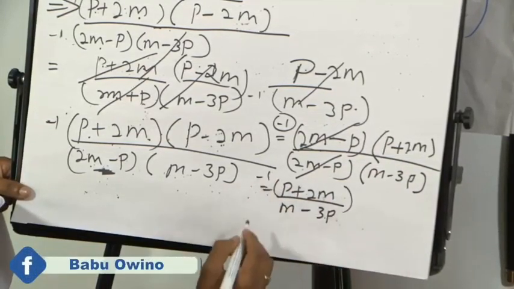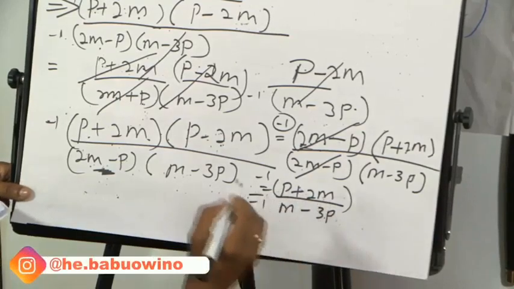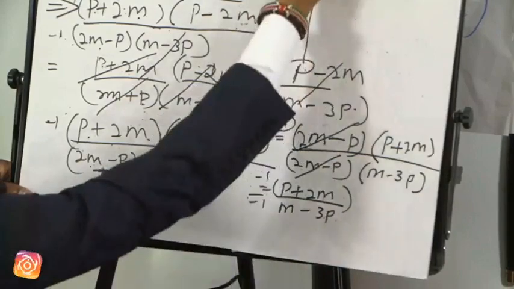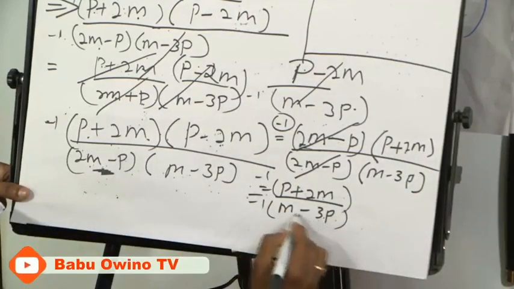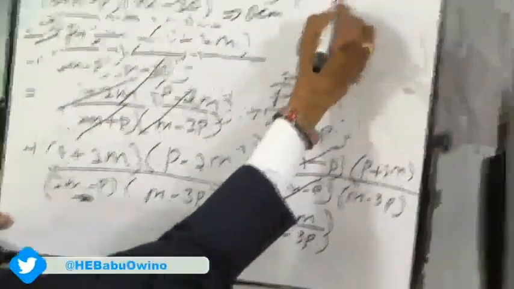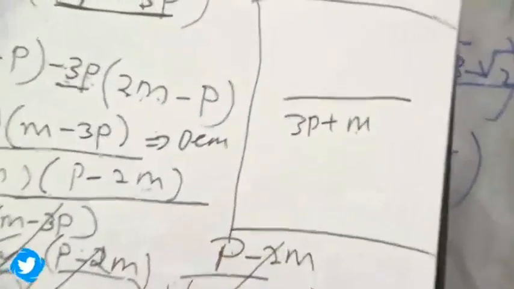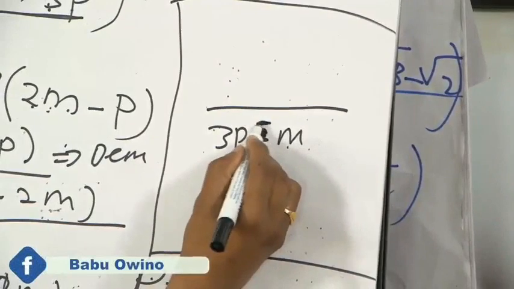If you have a negative here, we can divide this by negative. Just follow me here, we're almost finishing it. When you multiply this by a negative, you get 3p minus m, 3p minus m.